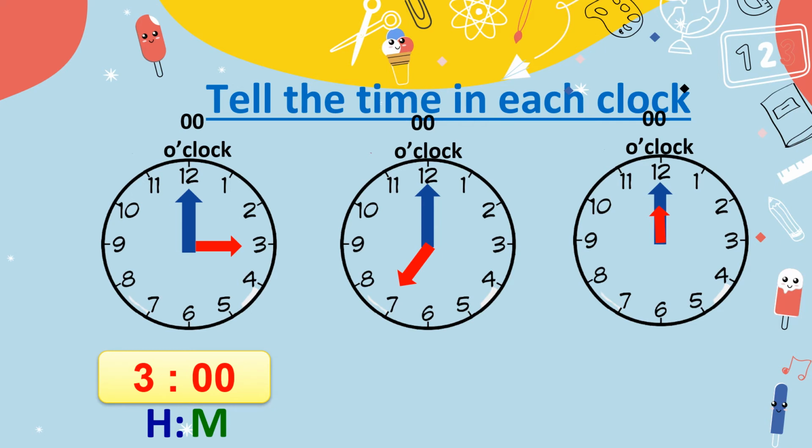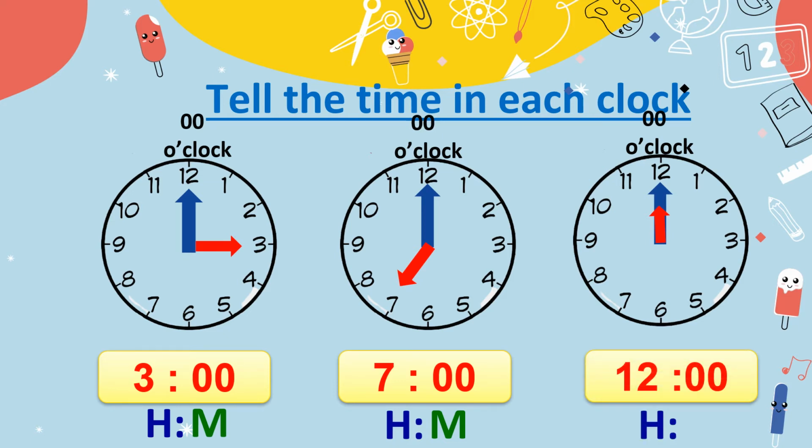The short hand points to 7 and the long hand points to 12. In digital form, hours is 7 and minutes is 00. The last clock here, the short hand and the long hand point to 12. In digital form, that means 12 for hours and 00 for minutes.